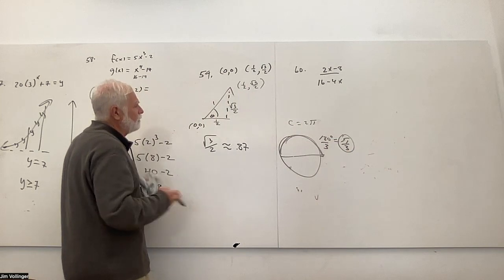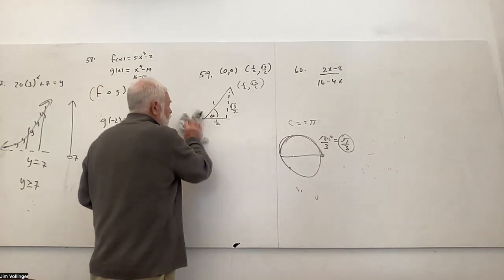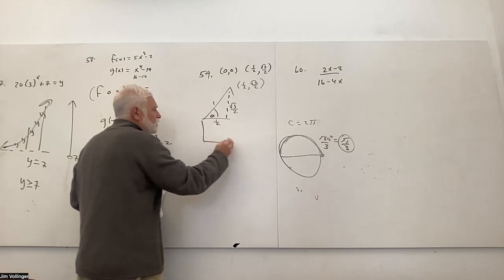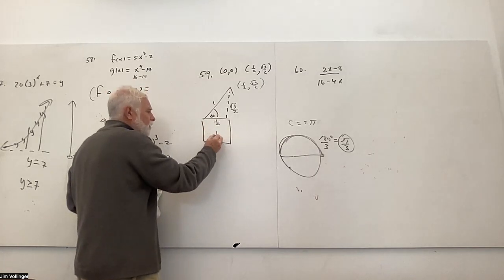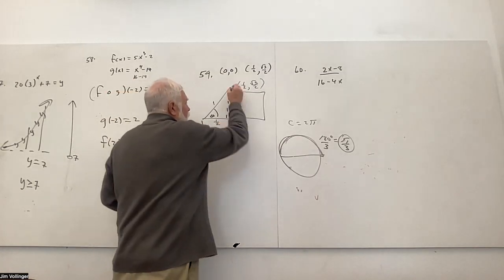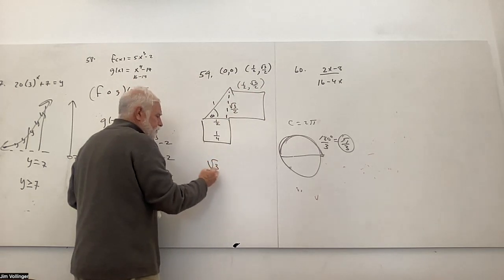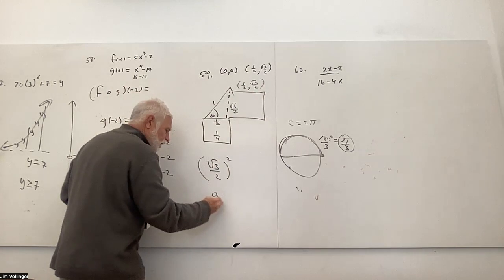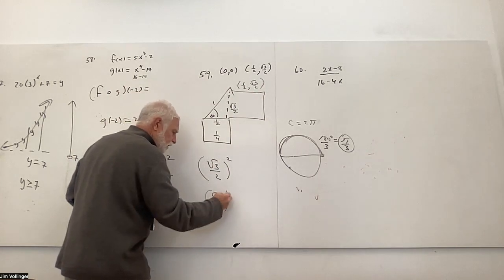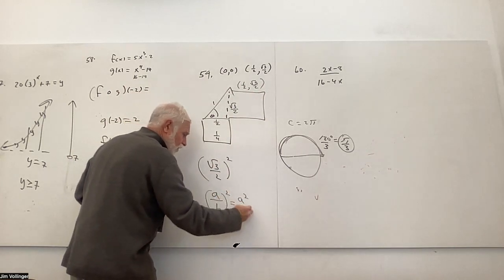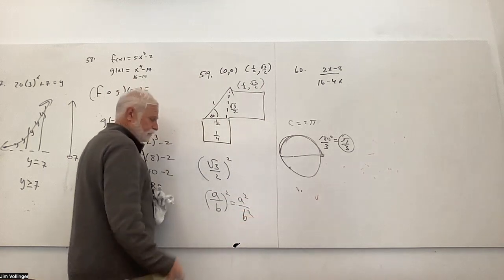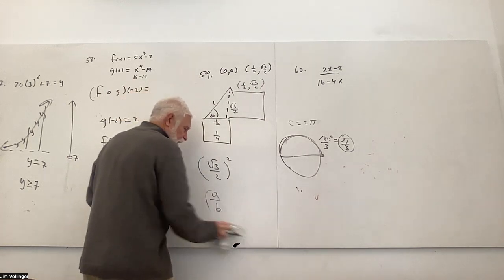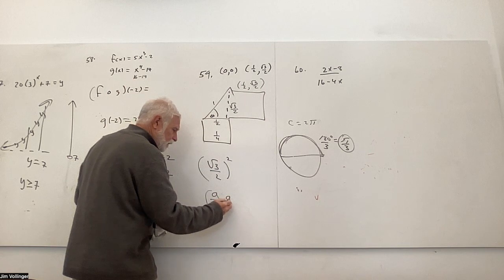So what am I looking at? I'm looking at the Pythagorean relationship here. So what's the square area of a half? 1/4. What do you get when you square the square root of 3 over 2? What do you get when you square a over b? You get a squared over b squared, right? Because squaring means a over b times a over b.